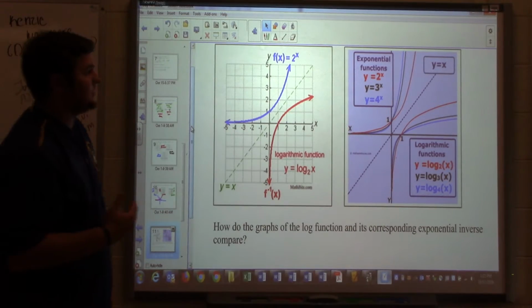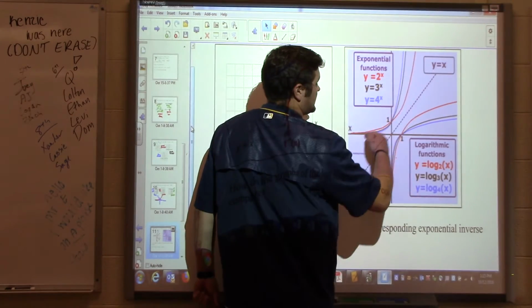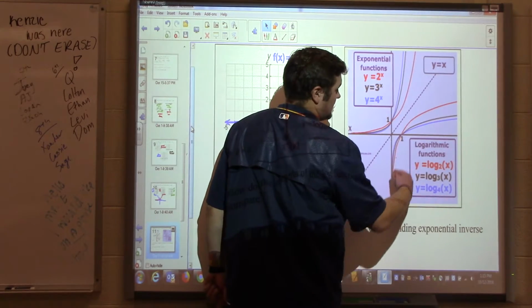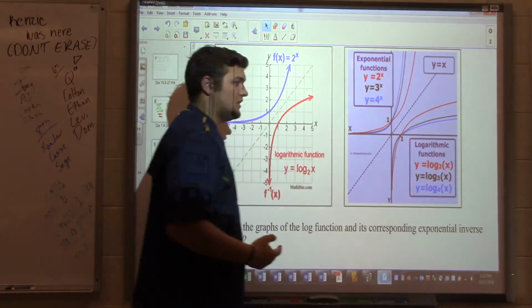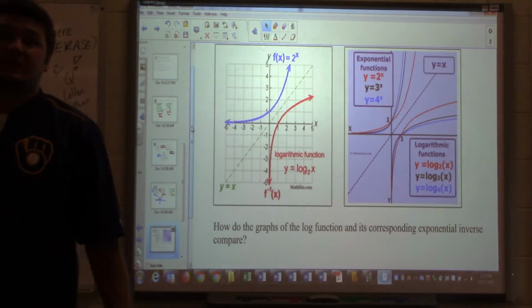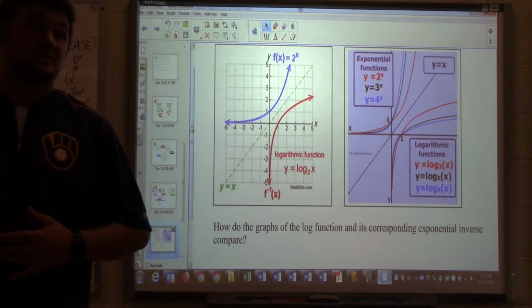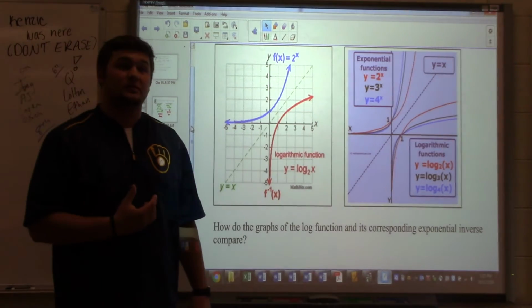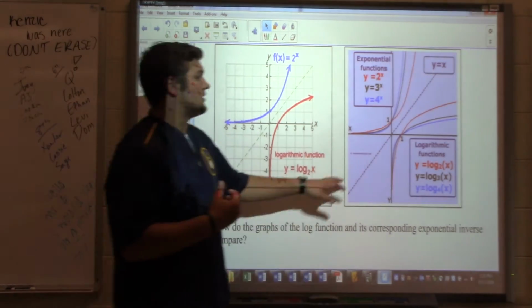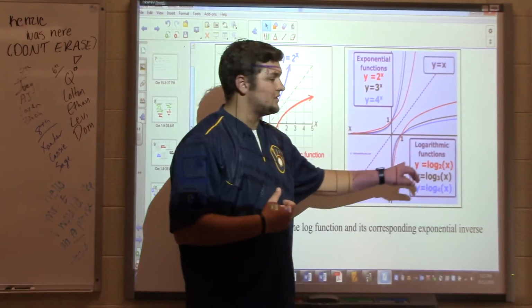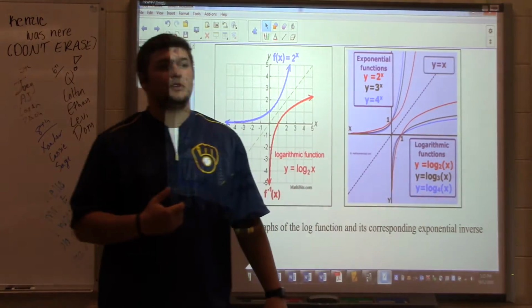Now, same thing over here. Exponential, exponential, exponential. Log functions would be the inverse. Now, we might ask you to figure out on your calculator which one is which on the homework, like match them up. All you do is punch them into y equals. So if I ask you which of these graphs is log base 2 of x, put it into your y equals and look at your graph.